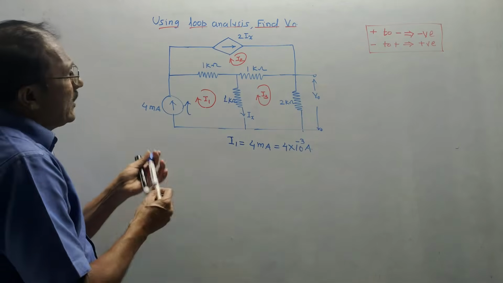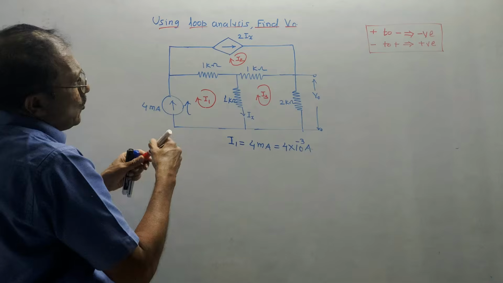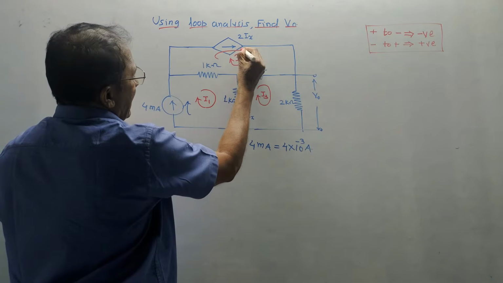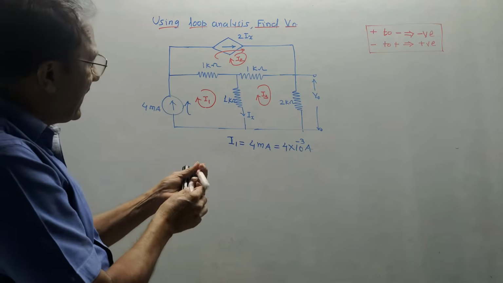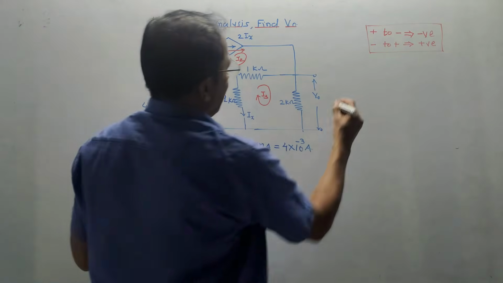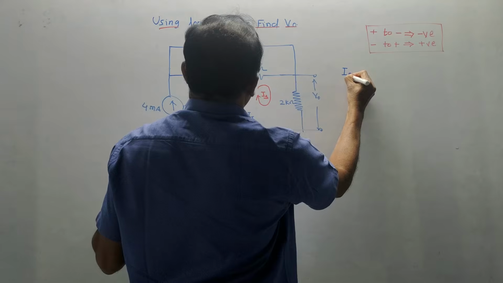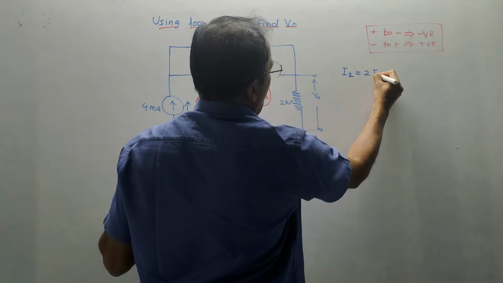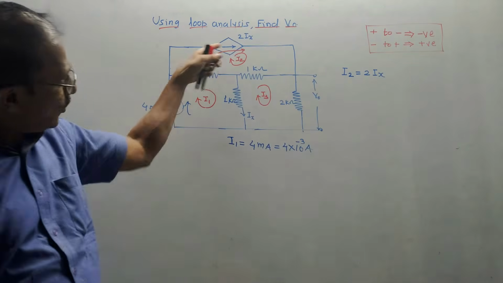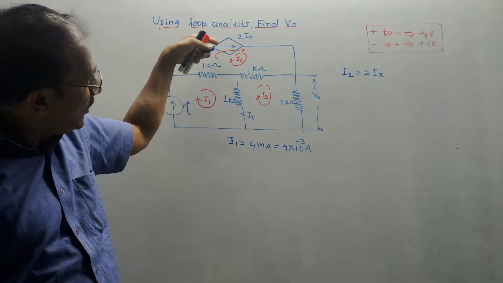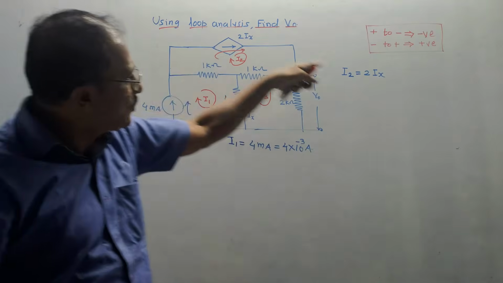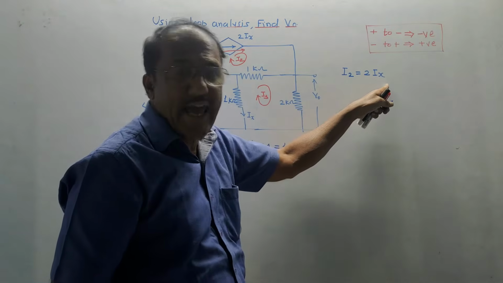As per our rule, look at the source through which this loop current flows. The loop current again flows in the same direction. So for loop 2, I will write the equation as I2 is equal to 2ix, because the I2 loop current is moving in the same direction as that of the given current source. The value of the given current source is 2ix, so I have written I2 is equal to 2ix.